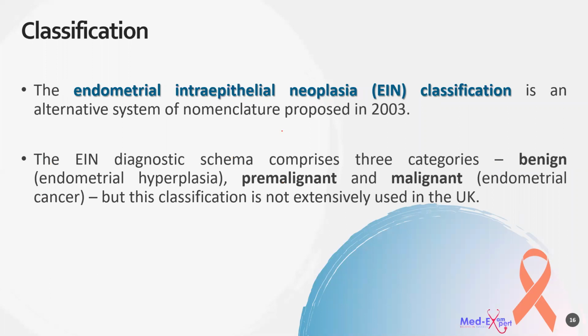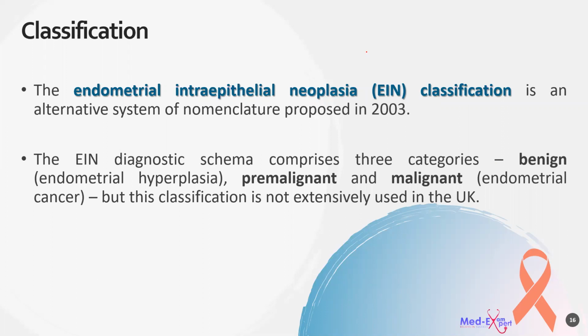I think they adopt this kind of classification. It classifies the endometrial abnormalities into benign endometrial hyperplasia, pre-malignant, and malignant. But this classification is not extensively used in the United Kingdom.